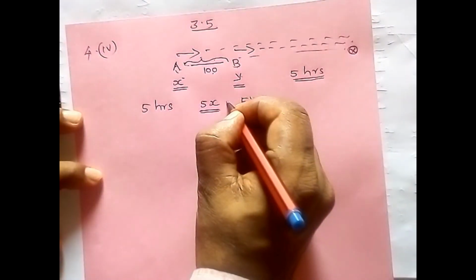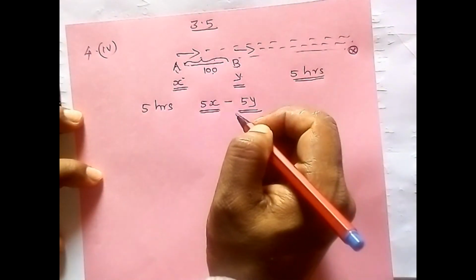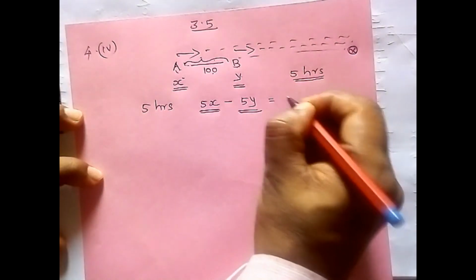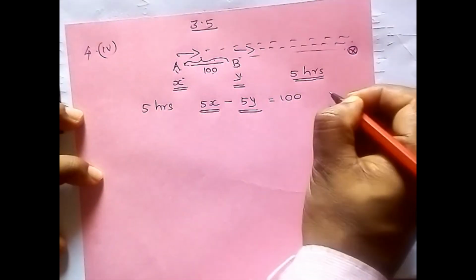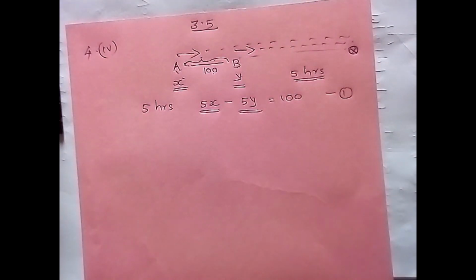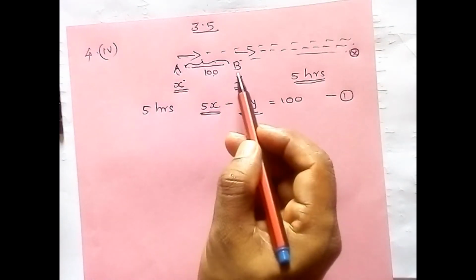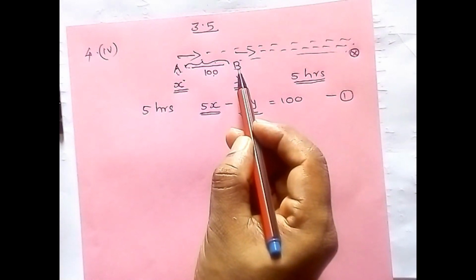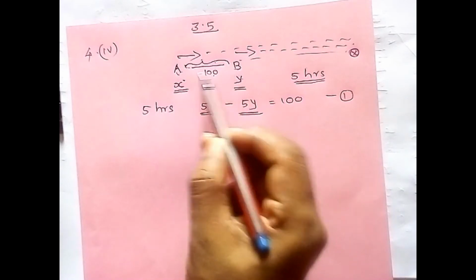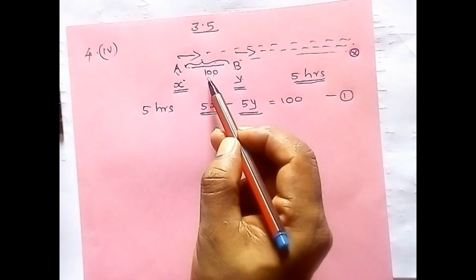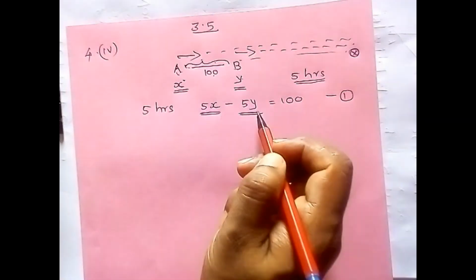That means 5x minus 5y equals 100. So that is our equation number 1. Is it clear? Total distance traveled by the car from here is 5x and by the car from here is 5y, and the difference between the distances is 100, we know. So 5x minus 5y equals 100.